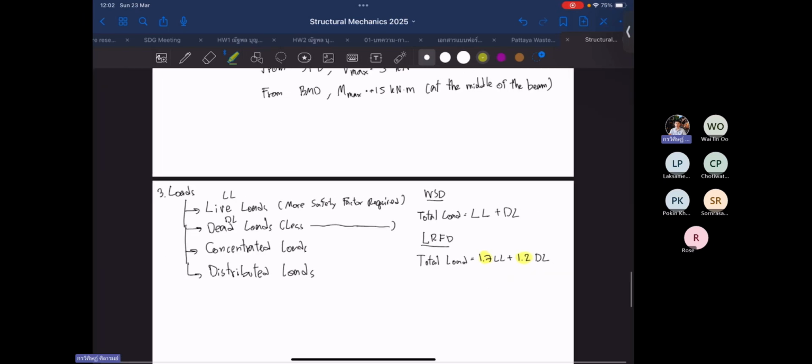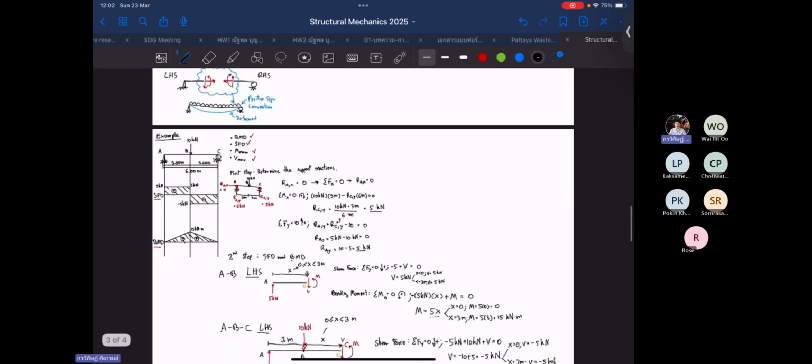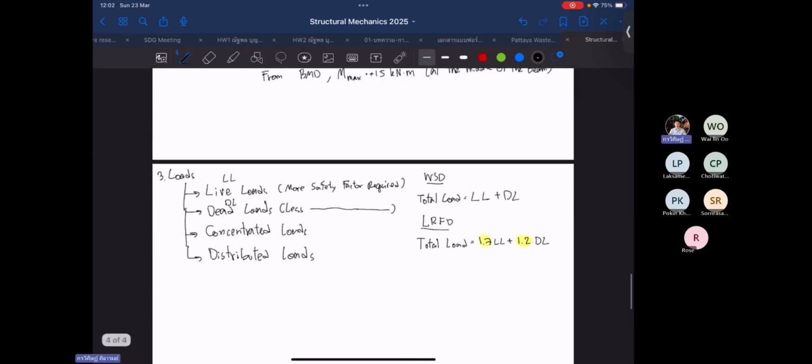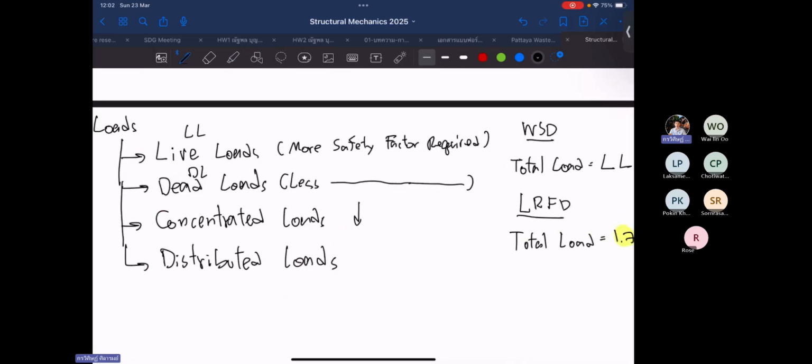Like this. Point load and concentrated load, you may be familiar with once you analyze the beam. The concentrated load is a point load, whether vertical or horizontal. And distributed load is the load that distributes over the length, like rectangular shape, triangle shape, circular shape, and so on.